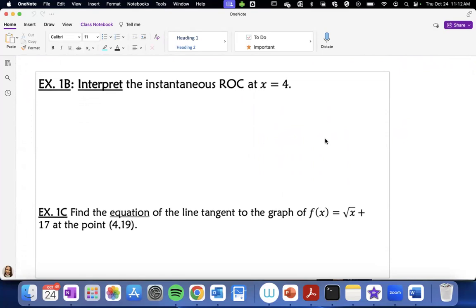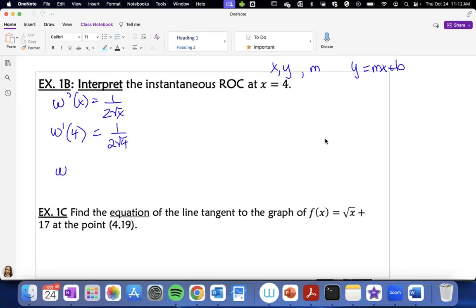You need to find an x and a y and an m for y equals mx plus b. For this first part, interpreting the rate of change at x equals 4, you're going to plug it in. We know that w prime of x is 1 over 2 root x. So how do I find it when x equals 4? W prime of 4 is equal to 1 over 2 root 4.